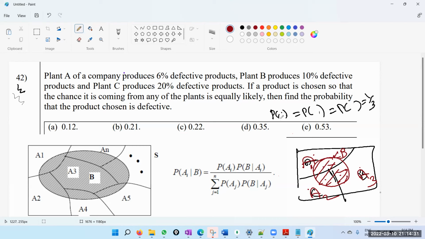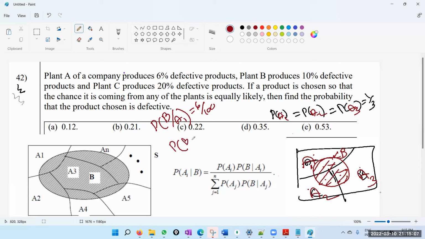Right? PA1, PA2, PA3. A1 is basically A, A2 is B, A3 is C. Okay, right. Plant A of a company produces 6% defective products. So that means, given A1, the probability of defective is 6 out of 100.